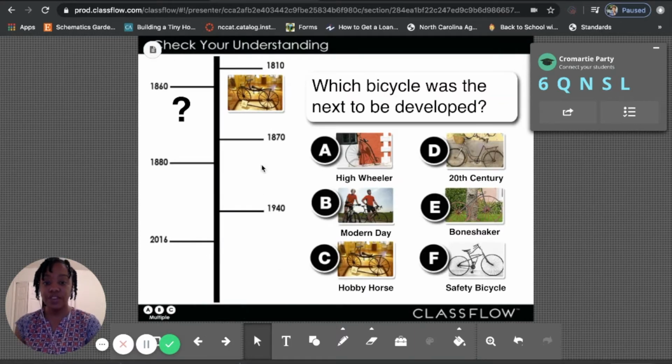Now we're going to check for understanding. Which bicycle was the next to be developed? Was it A, the high wheeler, B, modern day, C, the hobby horse, D, the 20th century, E, the bone shaker, or F, the safety bicycle?